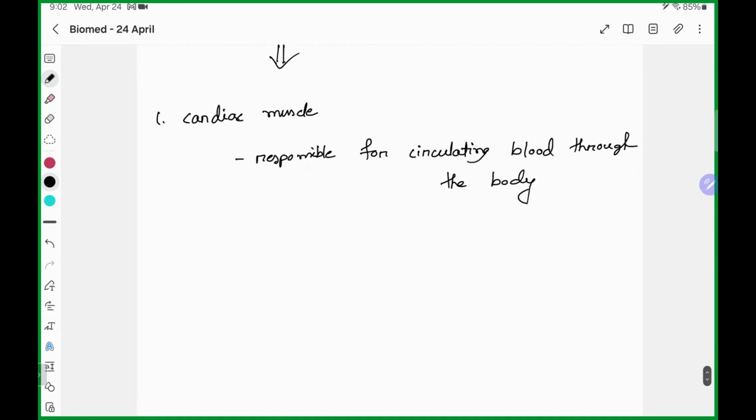This type of muscle is very different from any other muscles in our body. You will see why a little bit later.